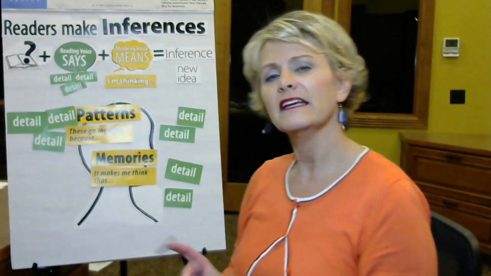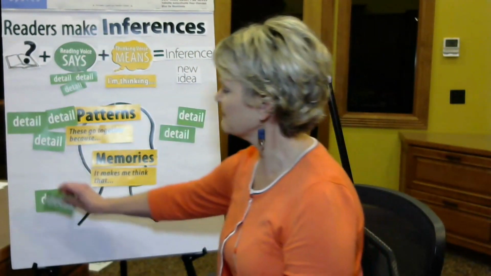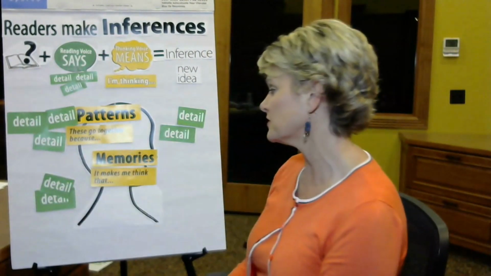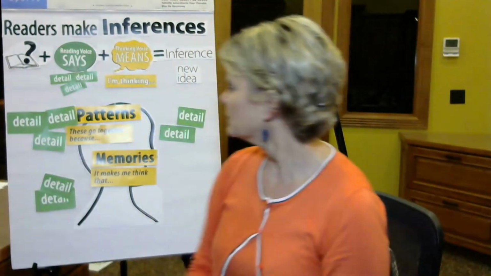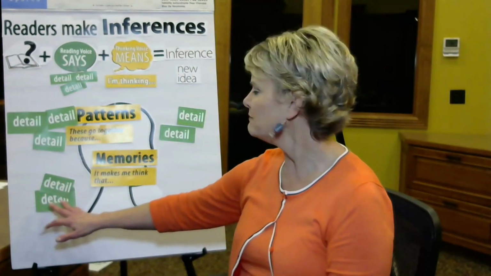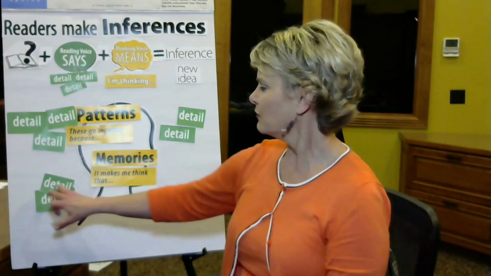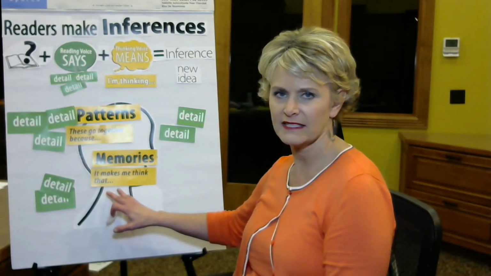Let me give you one more. Sometimes you can look at details and you put them together because you say, well, this, maybe there's a third, maybe there's a fourth, maybe it's just those two. But you put them together and you say, okay, so now when this and this happen, then usually it means this is like the cause and this would be the effect.